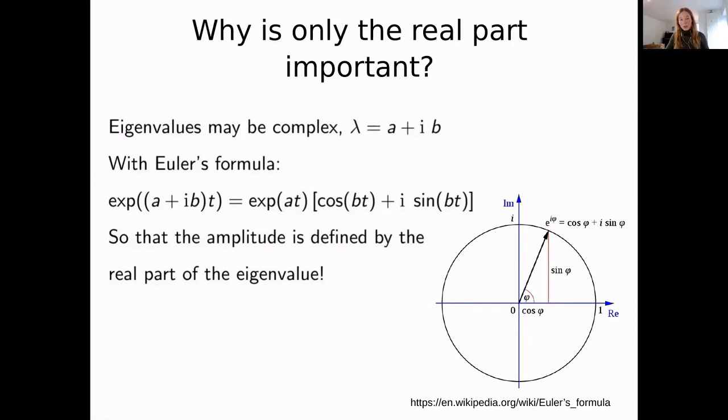So this is why we want to have the real part to be a negative number, to get this decaying exponential function and not this exploding exponential function. And then we have this oscillation in this exponential decay, but this is fine, right?